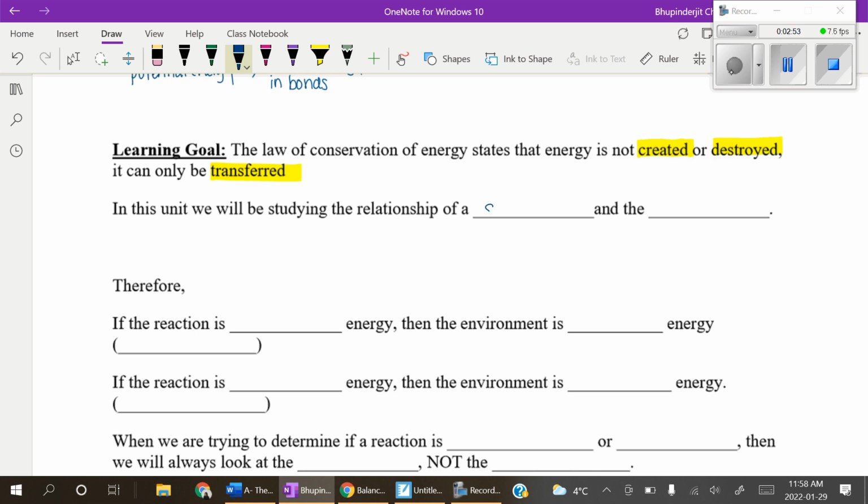The relationship of a system. And I want you to get used to me saying system. That means reaction. So whenever I'm saying system, that means reaction. Whenever I'm saying reaction, that also means system. And environment, which can also sometimes be referred to as the surroundings.